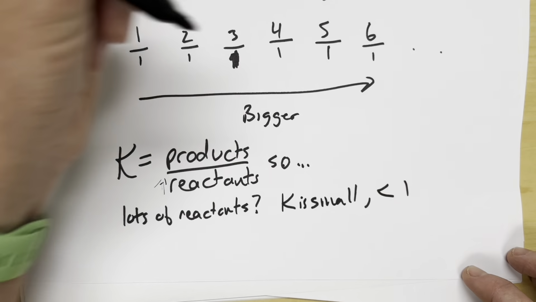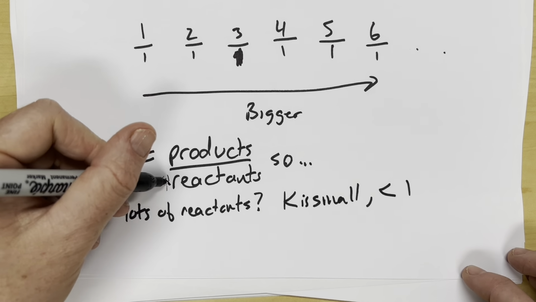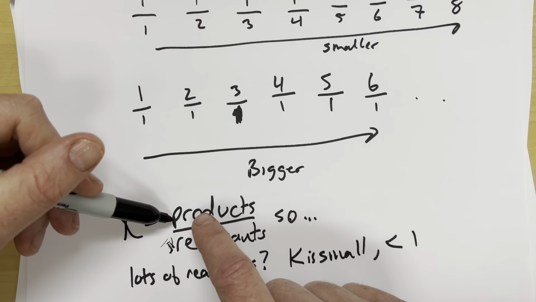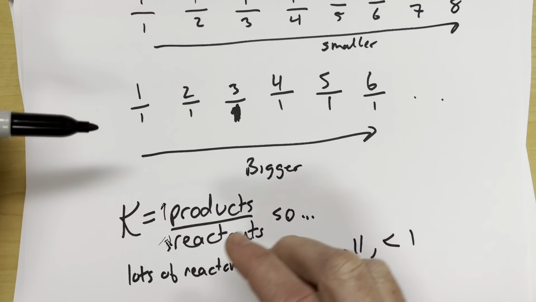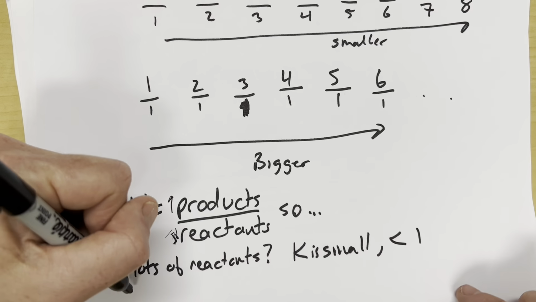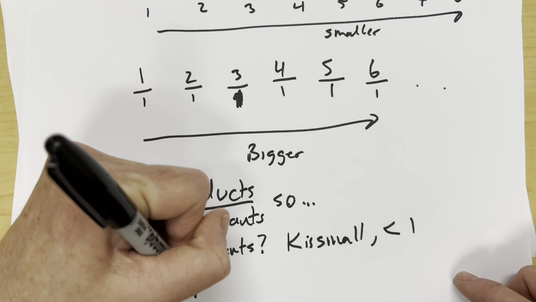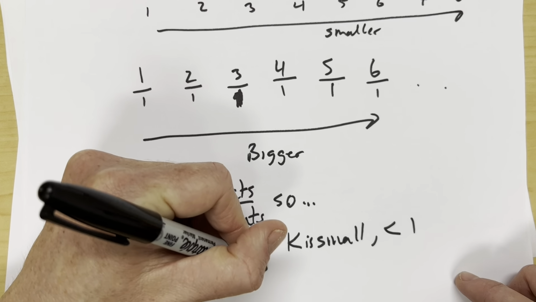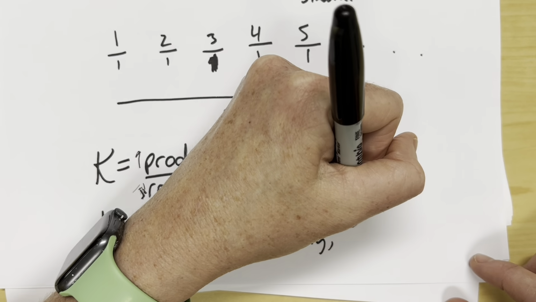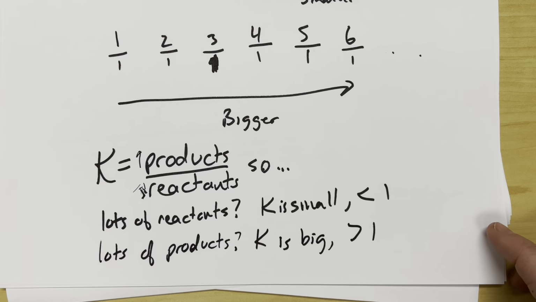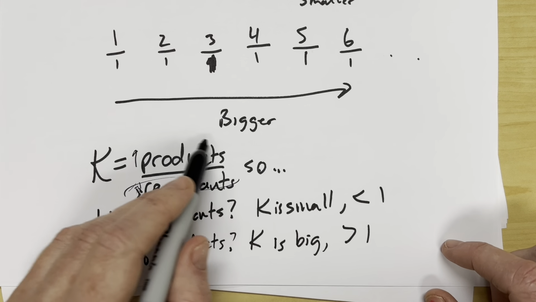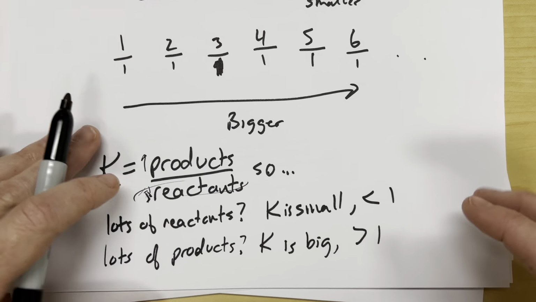Generally, we're going to say it's less than 1. By the opposite idea, if we have a high number of products, so your reaction goes and you make a lot of products, that means the numerator is getting bigger. And your K is going to be big, greater than 1. Okay? So if the bottom number is really big, your K is going to be small. If the top number is really big, your K is going to be big.